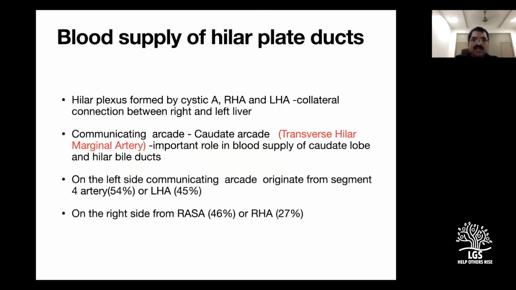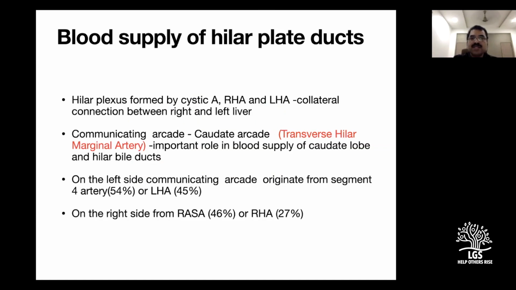So the hilar plexus in the liver hilum is actually formed from cystic artery branches, right hepatic branches, and left hepatic branches. So they form an artery known as the communicating arcade or transverse hilar marginal artery or a caudate arcade. And that is very important to supply the caudate lobe and hilar bile duct.